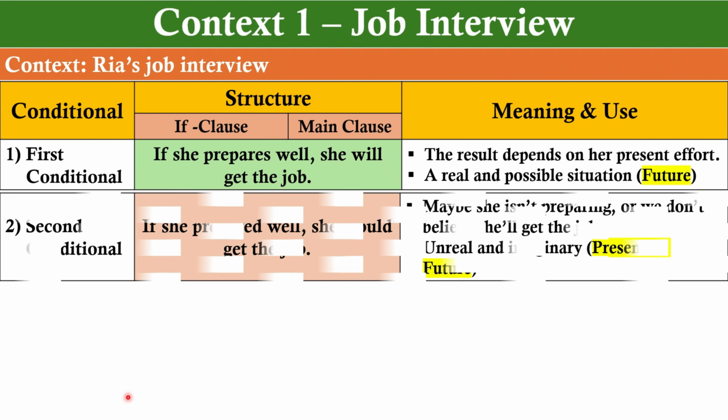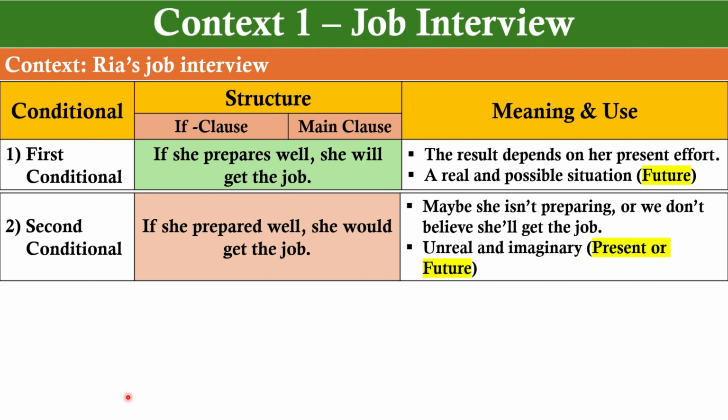Now, let's look at the second conditional sentence. If she prepared well, she would get the job. This sounds less certain. Maybe she isn't preparing, or we don't believe she'll get the job. It's an imaginary or unlikely situation. We are just imagining what would happen if things were different in the present or future.